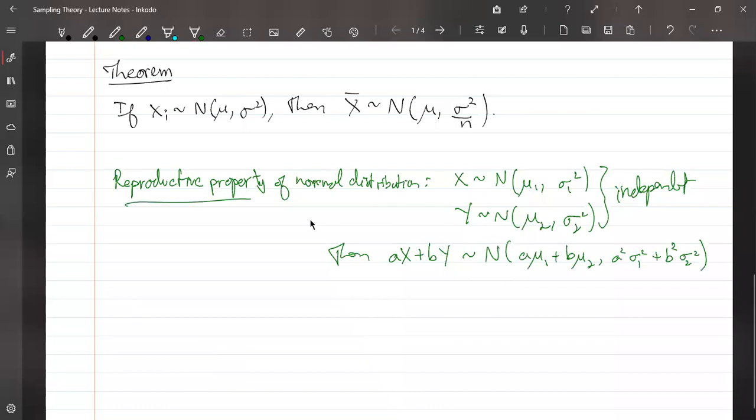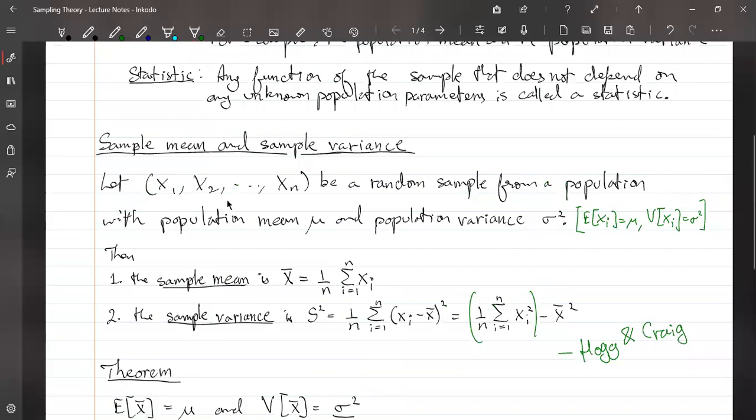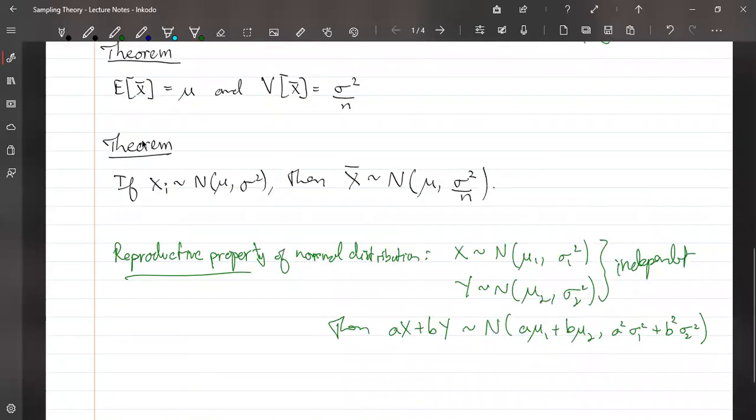So clearly, if you take n different random variables x1 etc. xn, all of which have the same distribution n of mu, sigma square, and if they are all independent, so that's what we have in the sample. These are n independent identically distributed random variables, and in this case we are assuming they're all from the same normal distribution, so that's important. Here we have not assumed that.